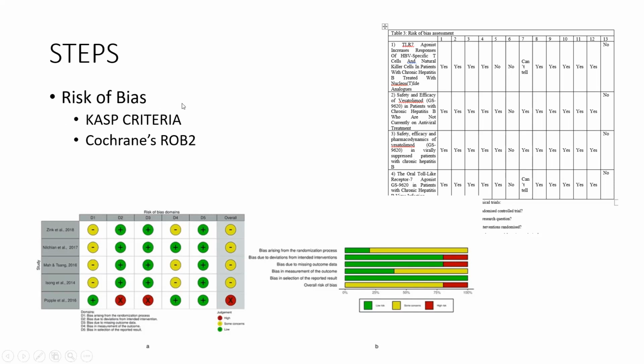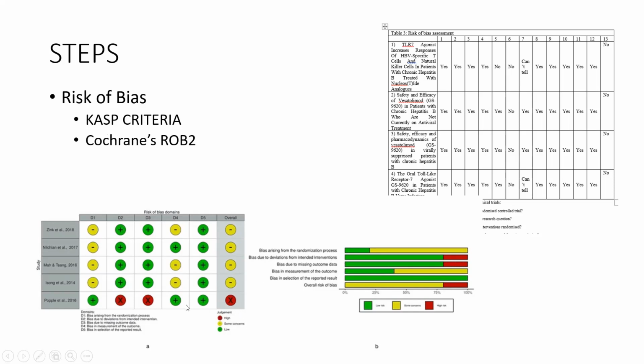For the risk of bias, we have different criteria, way more than these that I've included in here. But usually we do something called the CASP criteria, and I think this is with a C, not with a K. And we do Cochrane's RoB 2. People usually do Cochrane's RoB 2 because it's more visually appropriate.